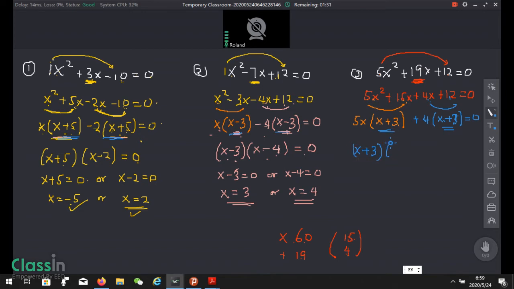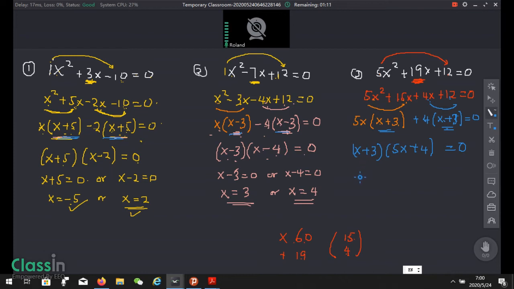If we take x plus 3 out from this term, we have 5x. If we take x plus 3 out from this term, we have 4. And this is equal to 0. Whenever you multiply two terms and you get 0, it means one of them is 0.